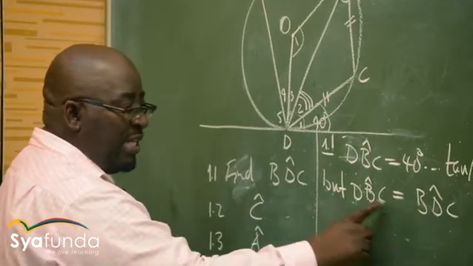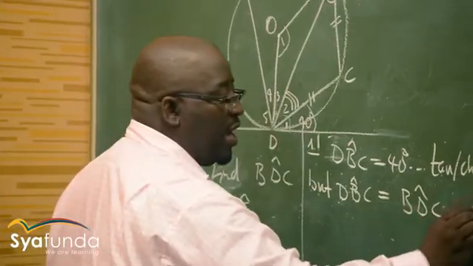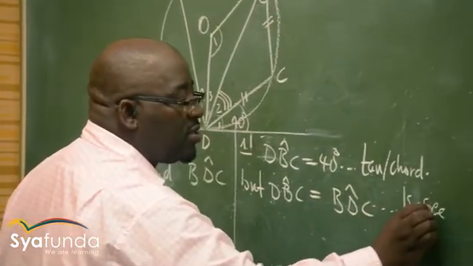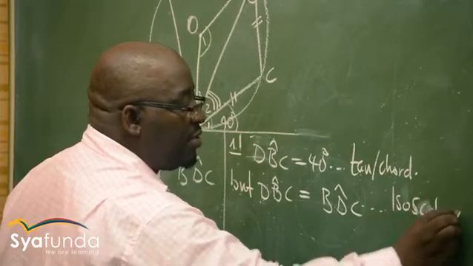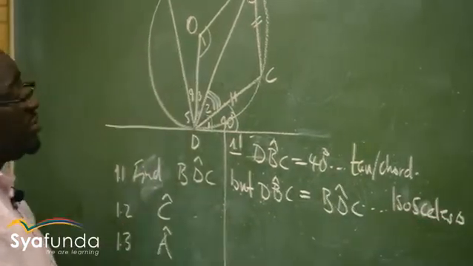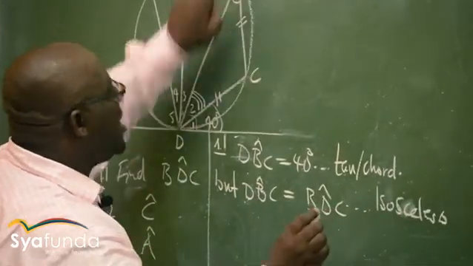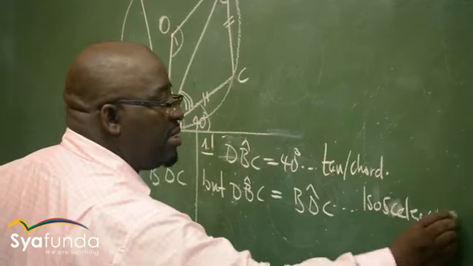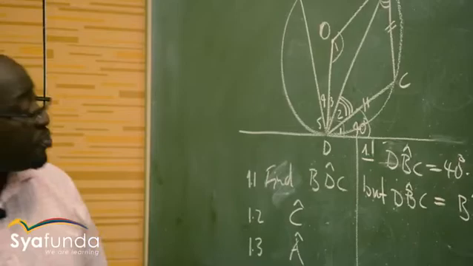Why is this angle BDC equal to this angle? Because we've got an isosceles triangle. It is important to mention the isosceles triangle, triangle DBC, so that we know what you are talking about.